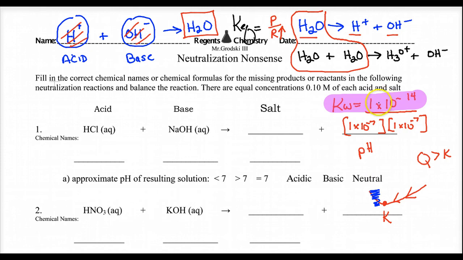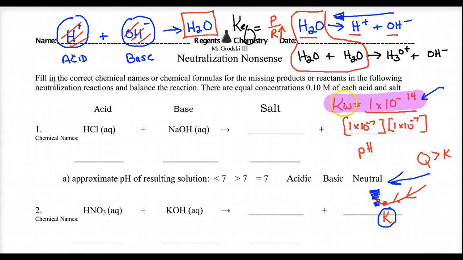This number being so small, any number bigger than that would put your Q, or your reaction quotient, ahead of the equilibrium position that's so small. So it's almost impossible to have this small value. So anytime you have any H pluses or hydroxides, they're going to go in reverse to do what? Make the water.